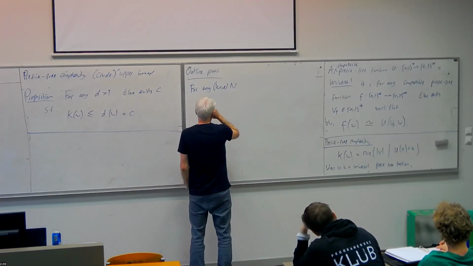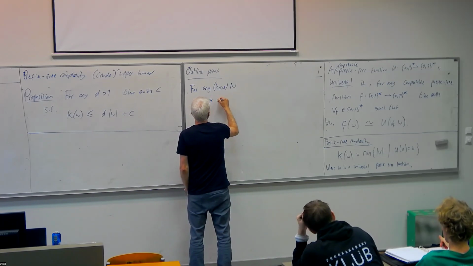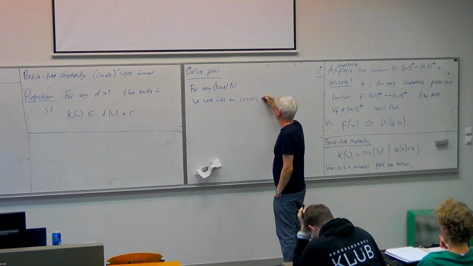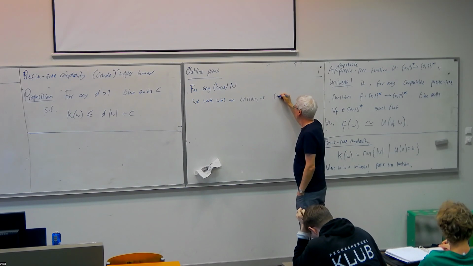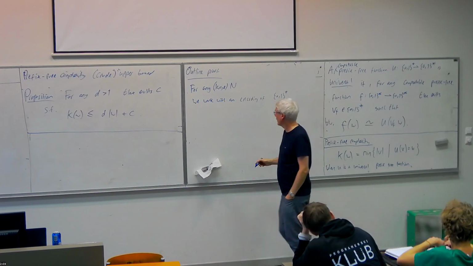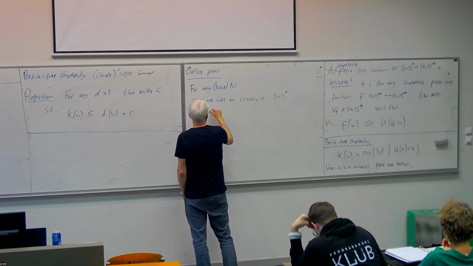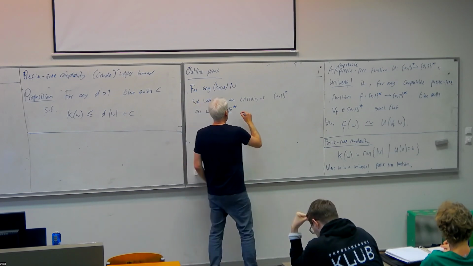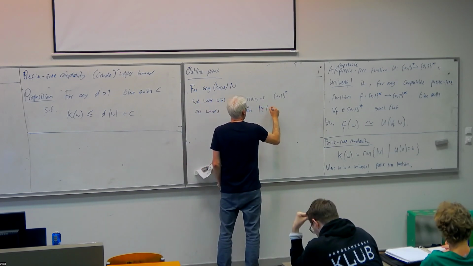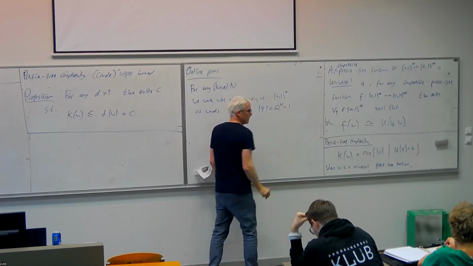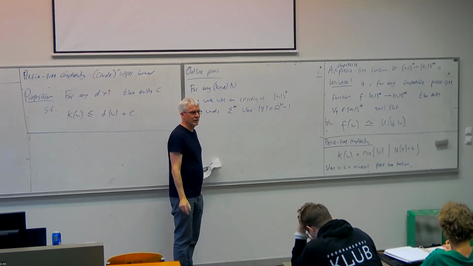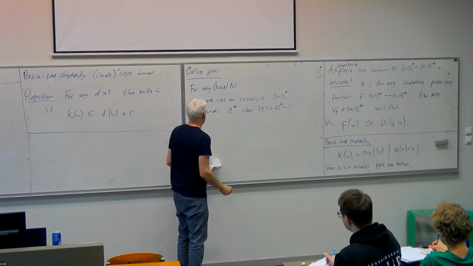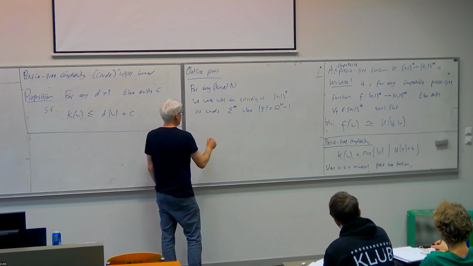For any large n, we work with an encoding of words over the binary alphabet as words over a different alphabet sigma, where sigma has 2 to the n minus 1 symbols in it.